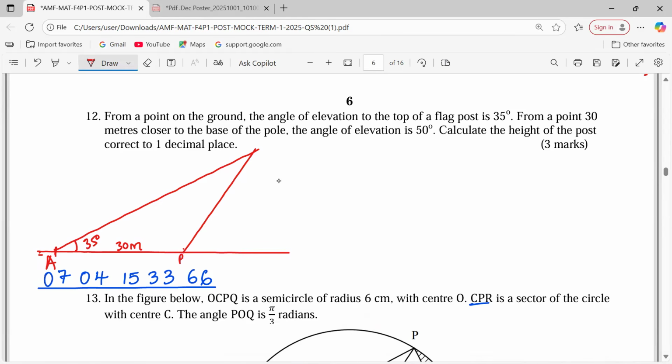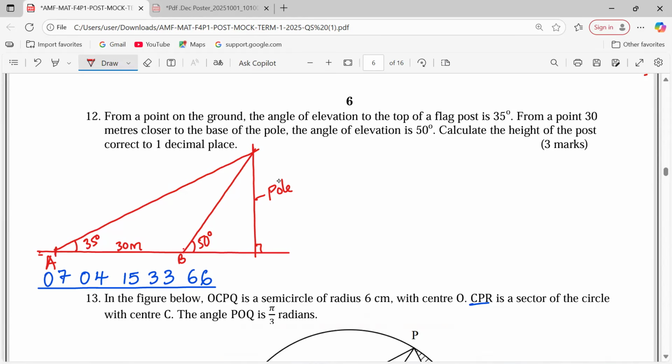This is point B. The angle now changes to 50. Once you measure 50, it shall intersect the 35 that you had measured at the top of the flag post. So now this is the flag post, the pole.